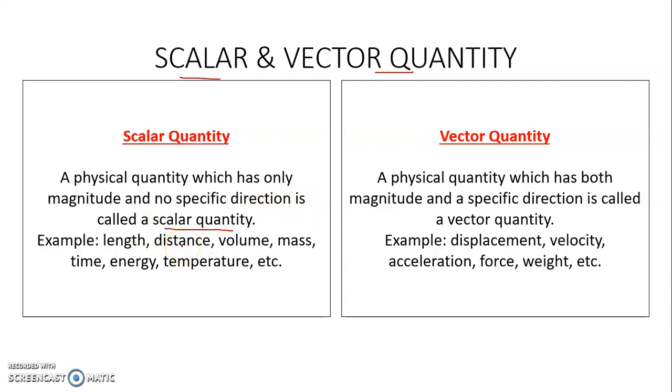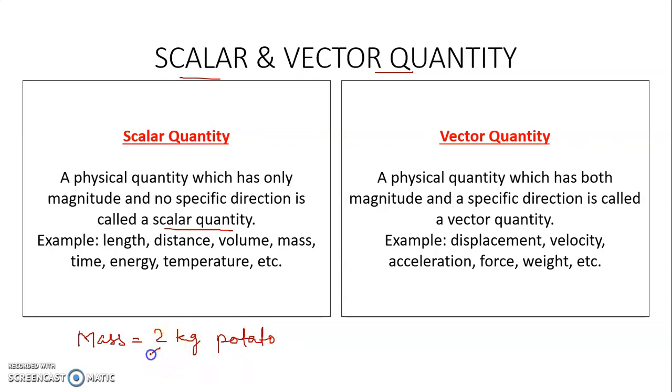Now you may have problem understanding what is magnitude. Students, let us take an example. Suppose mass. You went to buy grocery with your mom and you bought 2 kgs potato. What did you get? 2 kgs potato, right?